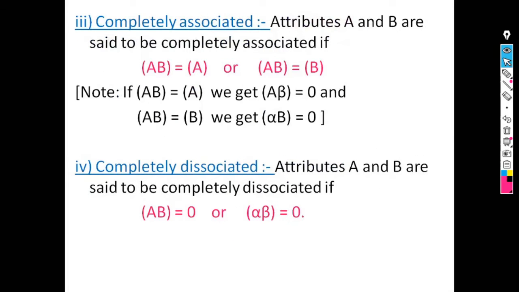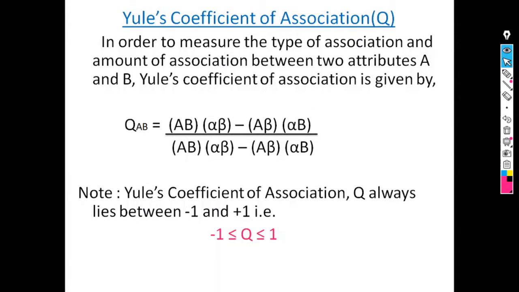Then we saw what is meant by completely associated and completely dissociated. Completely associated means AB is equal to A or AB is equal to B, and two attributes A and B are said to be completely dissociated if AB is equal to 0 or alpha beta equals 0.